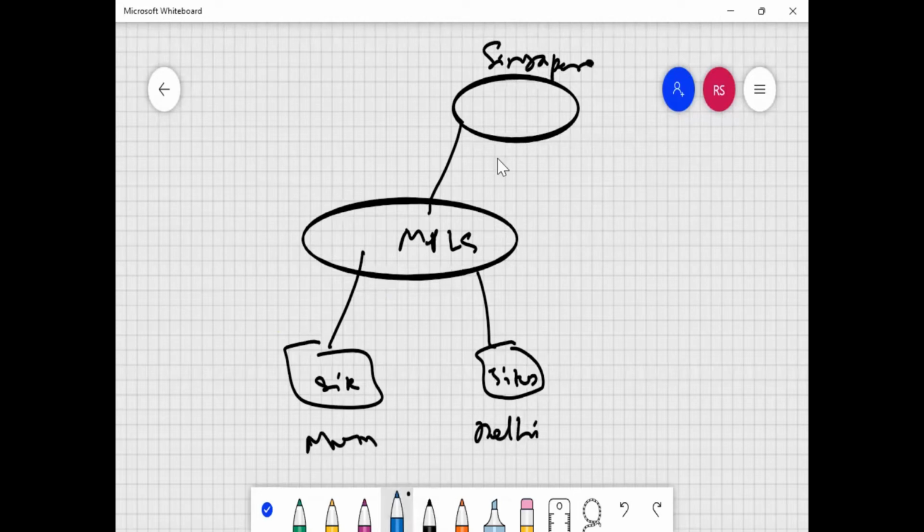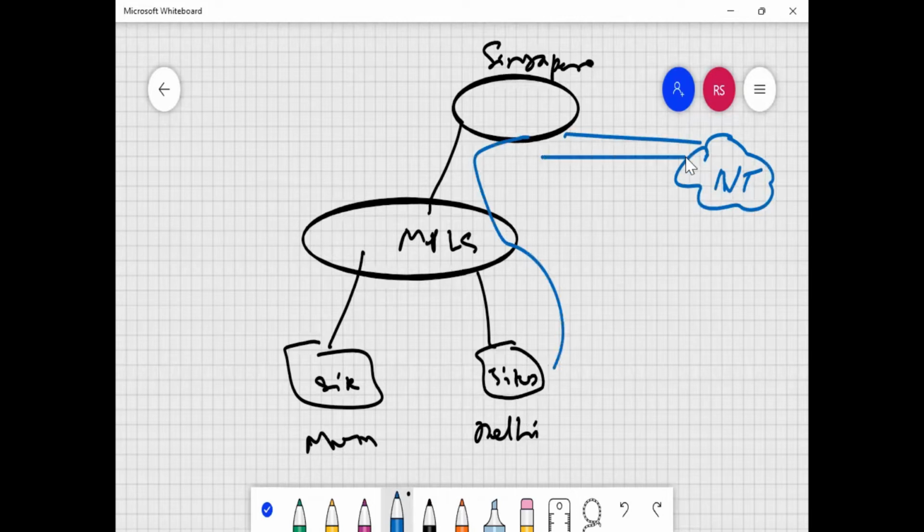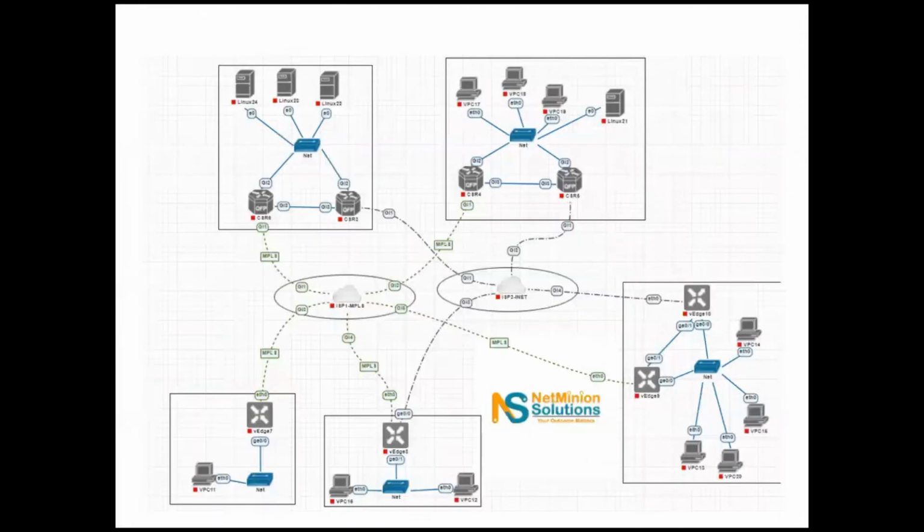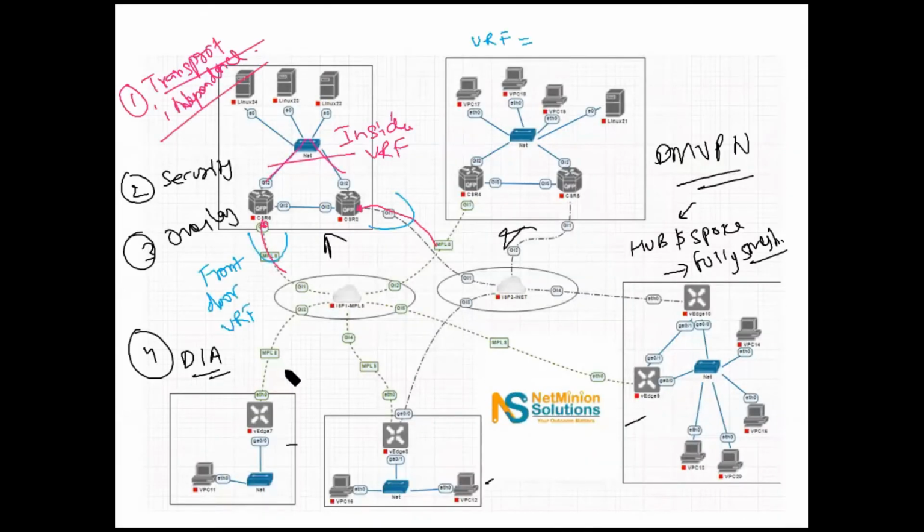If someone needs to go to the internet, they need to go to the internet breakout, and from there go outside. That is a huge problem, because our traffic is moving from one country to another. That part is also mitigated here, because the sites which are going to the internet can go to the internet link directly. So we can play with the routing part over here.